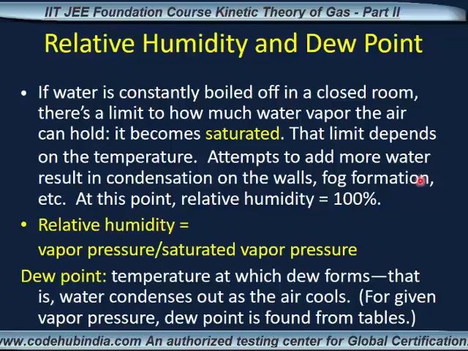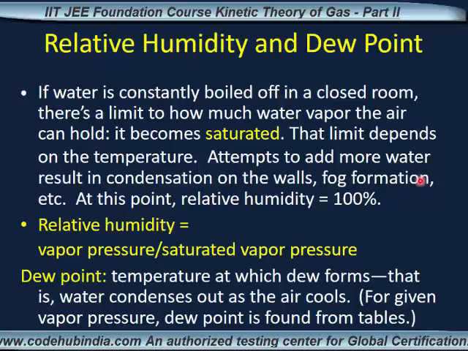That limit depends upon the temperature. An attempt to add more water results in condensation and forms fog. When the water vapor mixed with the air goes past the saturation point of the air, it causes condensation and dew.